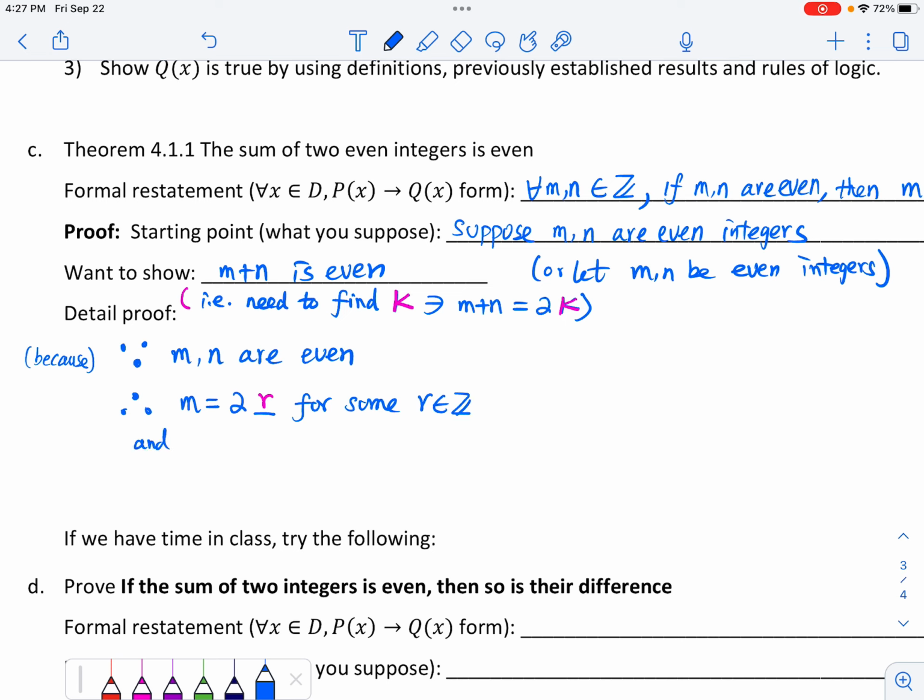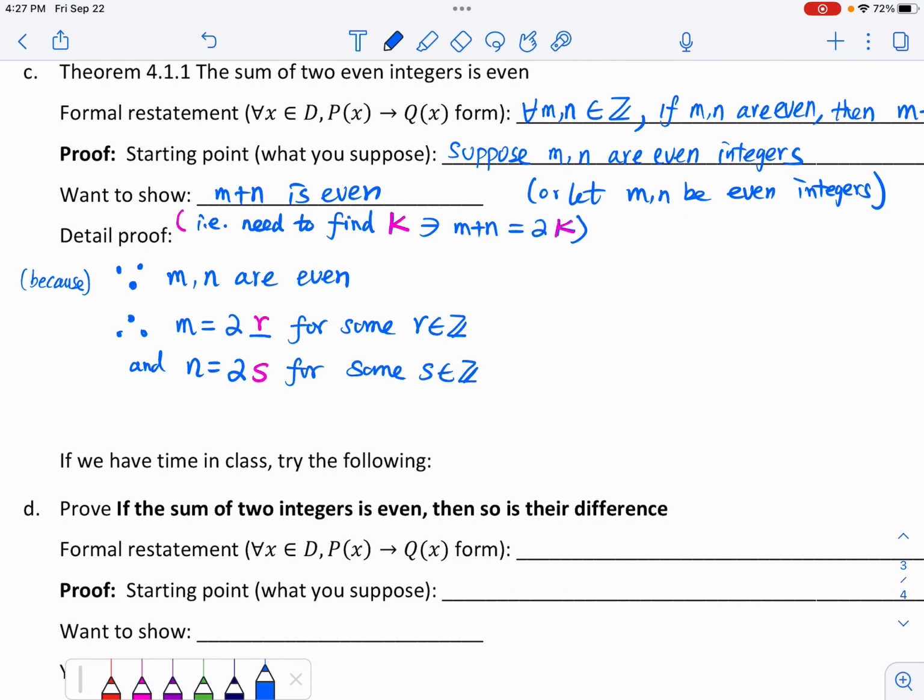And similarly, n is equal to 2s for some integer s.